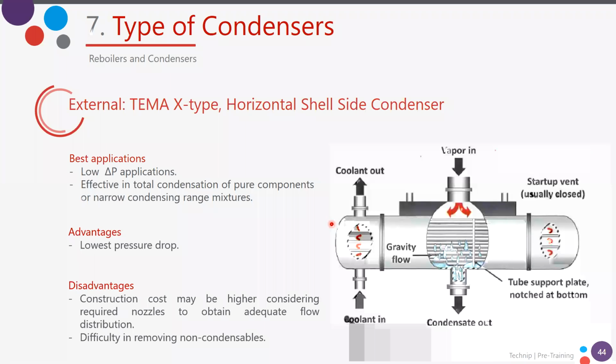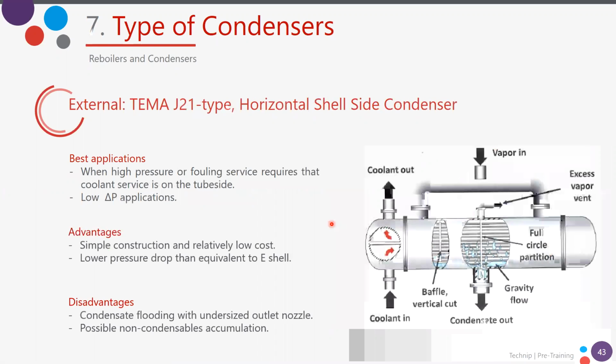Olga, in type J, why was there a partition in the middle of the heat exchanger or condenser? Yes. In this case, we have baffles, and these baffles direct the fluid along the tube bundle.